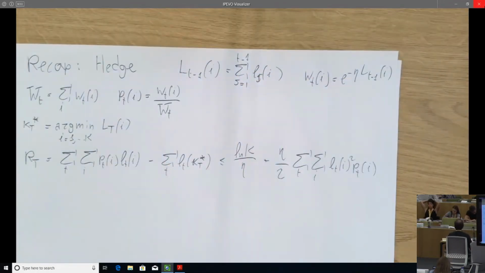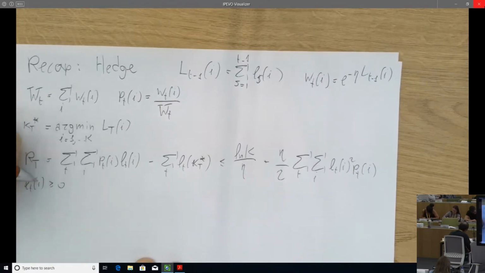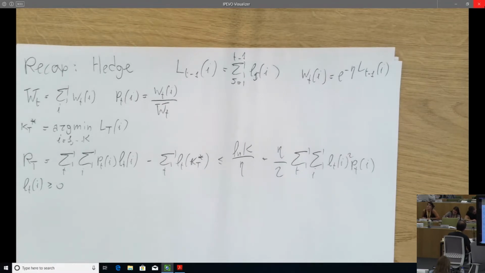It's interesting to note that, up to this point, in order to prove this inequality we just used the fact that losses were non-negative. This is the only fact we use to prove it.